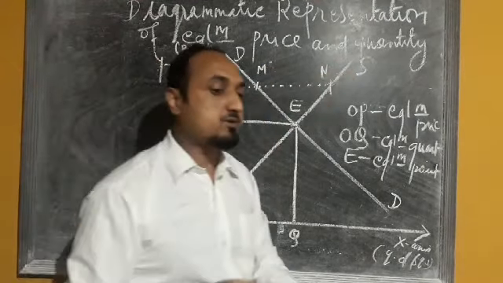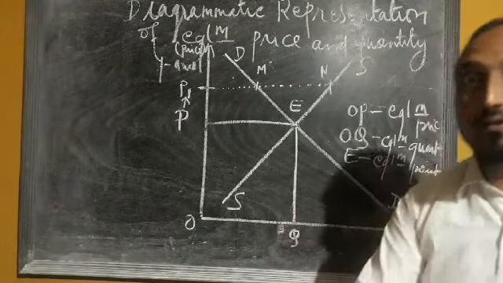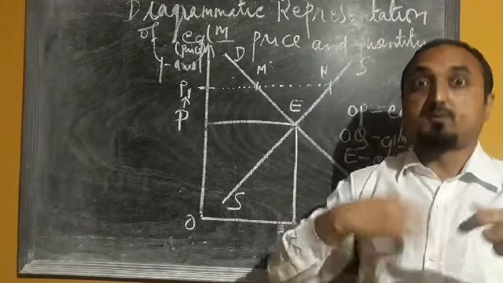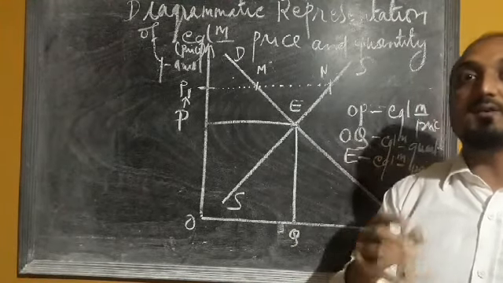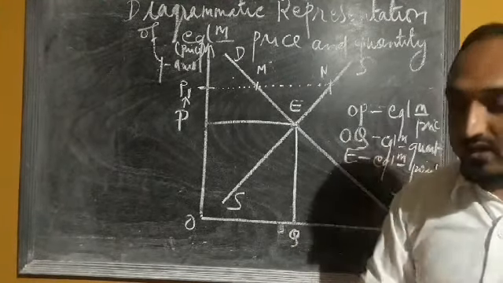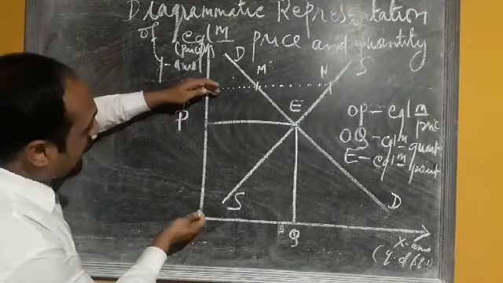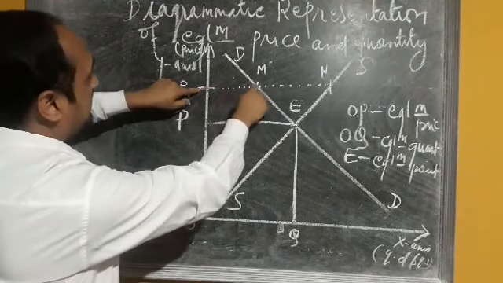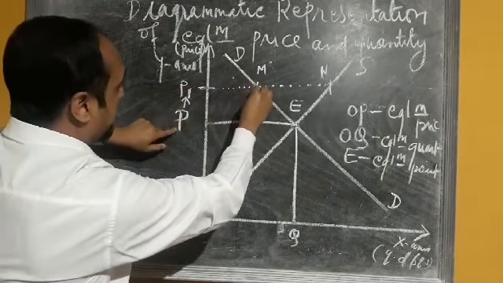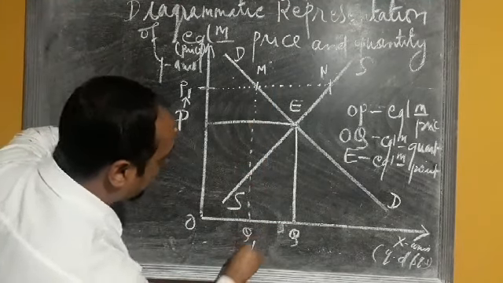Now here we have to see what the actual demand is and what the actual supply is. Is there a shortage of supply, or is there a situation of excess demand or excess supply? We have to check it. At this price OP1, if you draw a line from here, let's name this one OQ1.